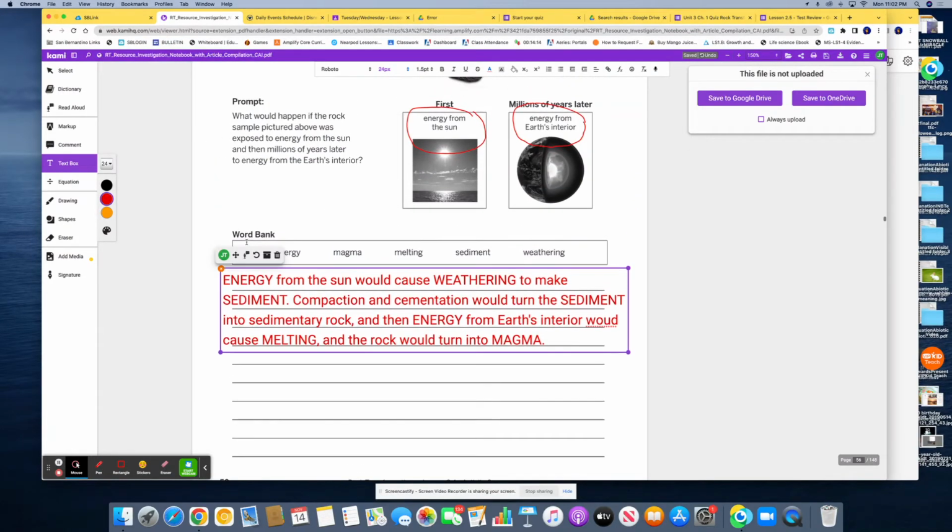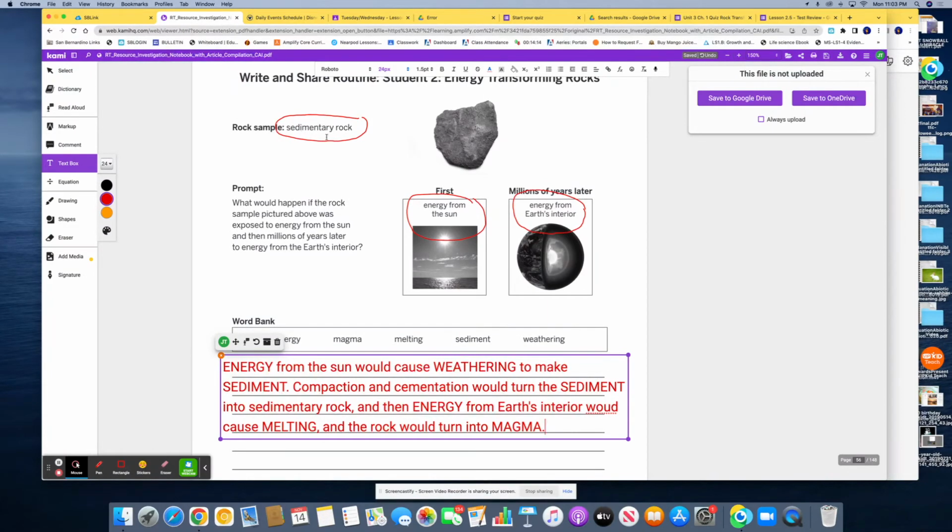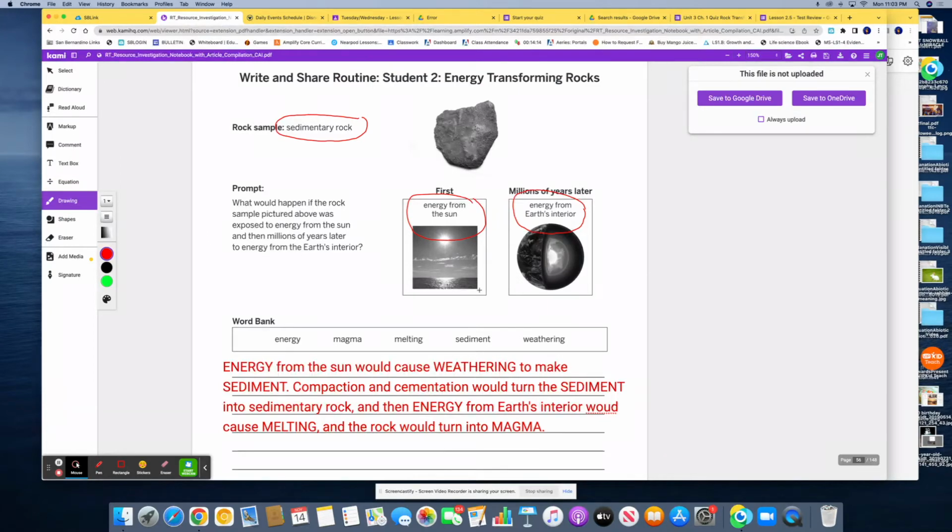All right, so let's review this again. So you had a sedimentary rock, and actually it doesn't even matter what you have, but you expose it to the energy from the sun first, and then millions of years later, you expose it to energy from Earth's interior. So just a quick review. Remember, energy from the sun causes weathering, right?